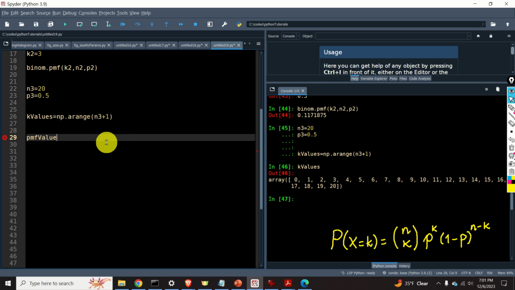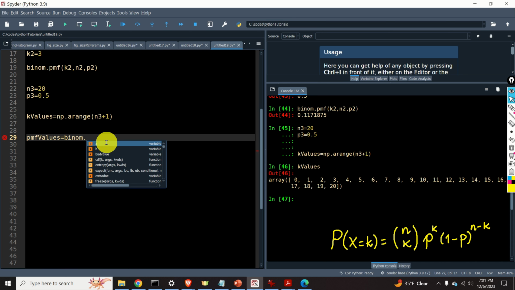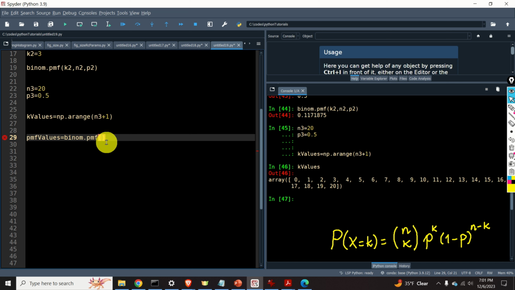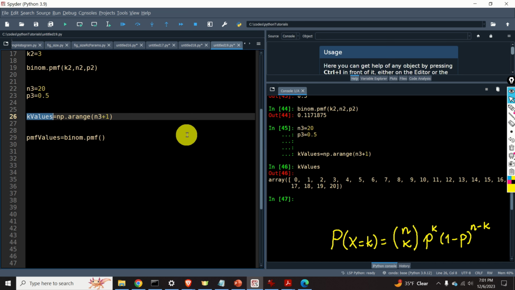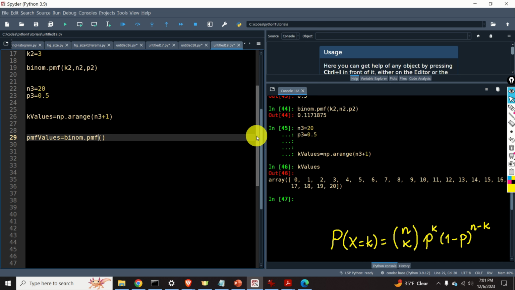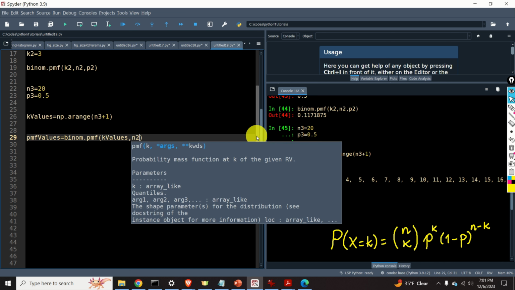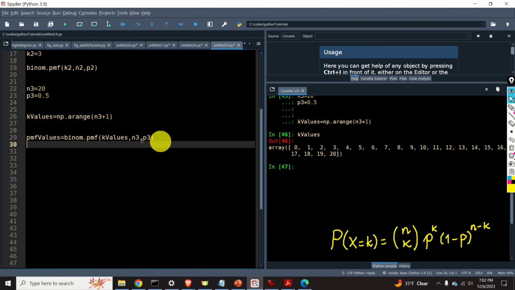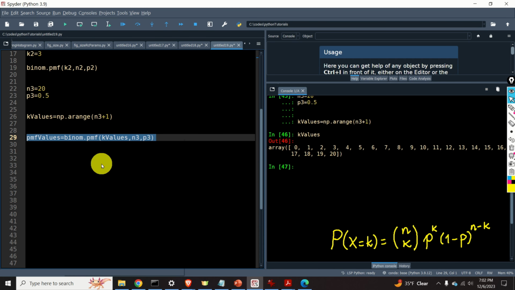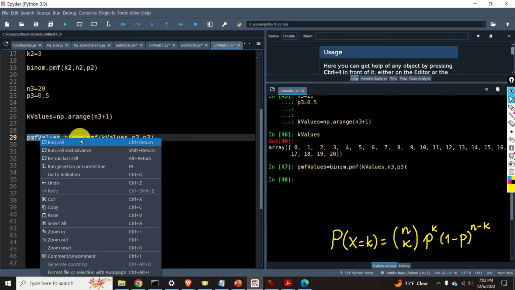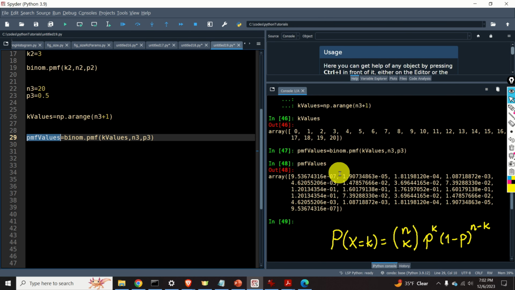PMF values is equal to binom.pmf, and over here again, instead of specifying a single value of k, we will specify the array. We specify N3 and we specify P3. Let us evaluate this code line and let's look into the PMF values. Here they are. Perfect.